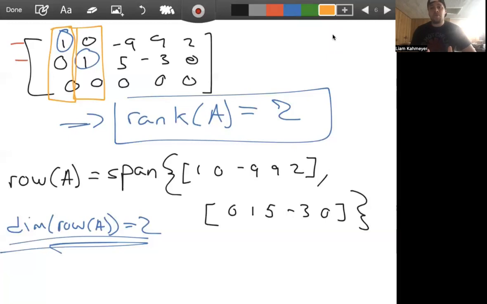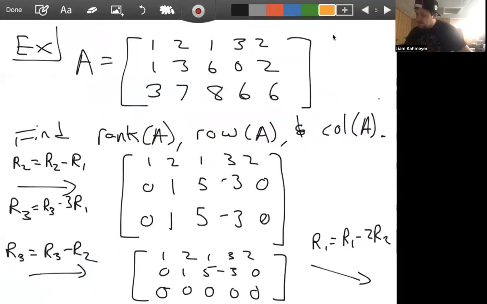Under row operations, we were guaranteed that the row space is preserved, but not the column space. So for that reason, to find the vectors that span the column space, you have to go back to the original matrix. And so that would be these here.